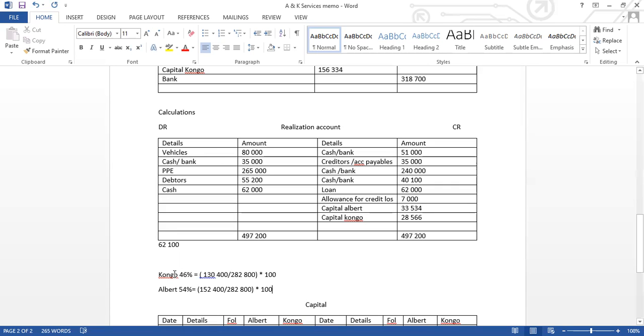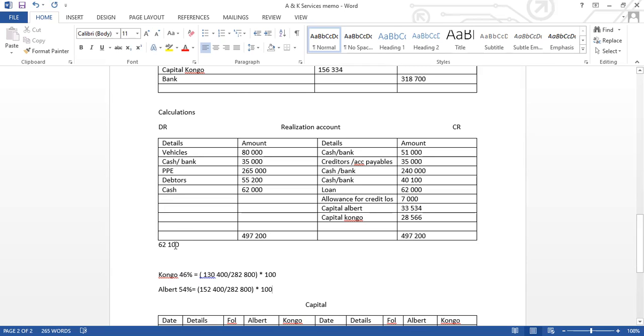So these are the ratios that you have to use to share the 62,100. So 62,100 times Congo's 46% will give you Congo's amount of 28,566.